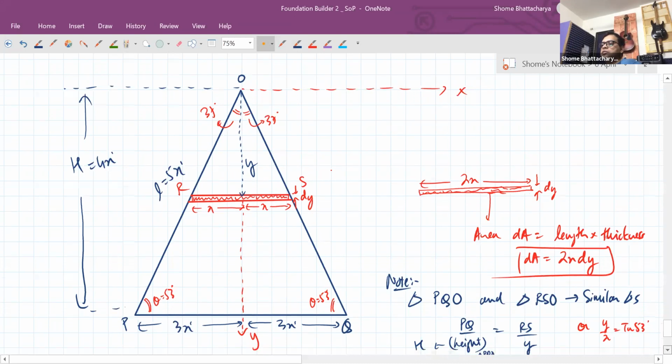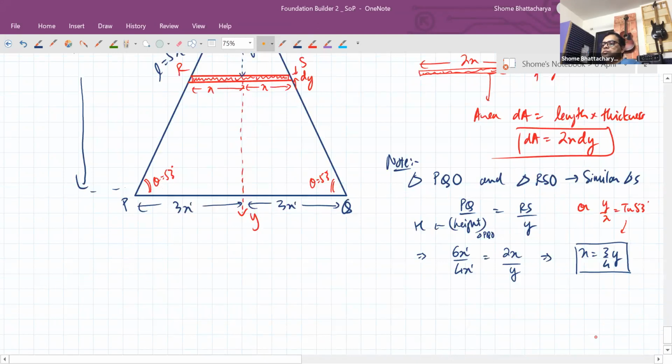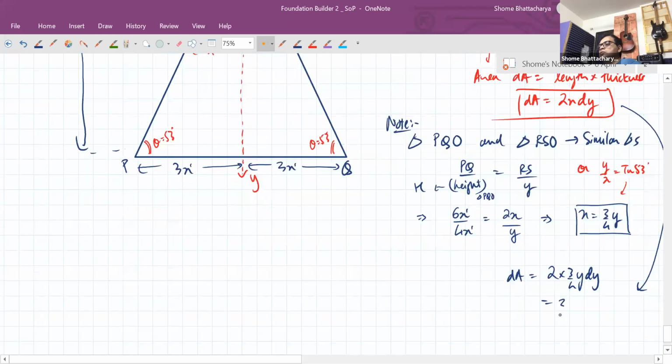So from that, we use this. Once you got that, we can express this area as 2 into 3 by 4 y dy, or 3 by 2 y dy.